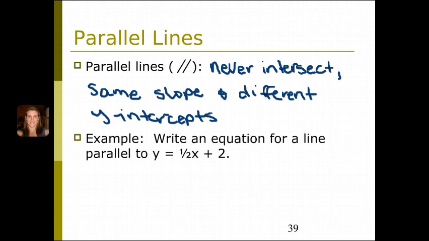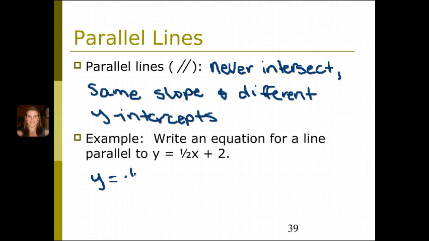Okay, for an example, we have an equation that's y equals 1/2 x plus 2, and they want you to write an equation for a line that's parallel to the line given. Well, we just said that they have to have the same slope, and they have to have a different y-intercept. So you can write any equation that you would like that starts off y equals 1/2 x.